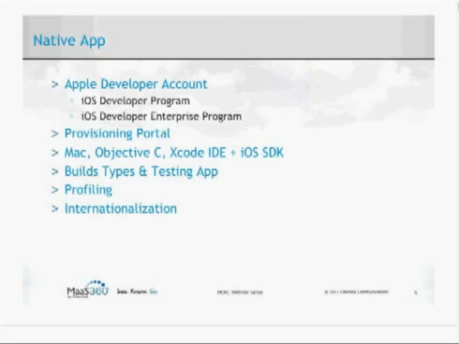Once you open an account, you will have to go to a provisioning portal. This portal is used to set up all the artifacts that you need to be able to start development. These include developer certificates, hooking up all your developers with their own certificate, setting up test devices, creating an app ID for your application, and so on and so forth.